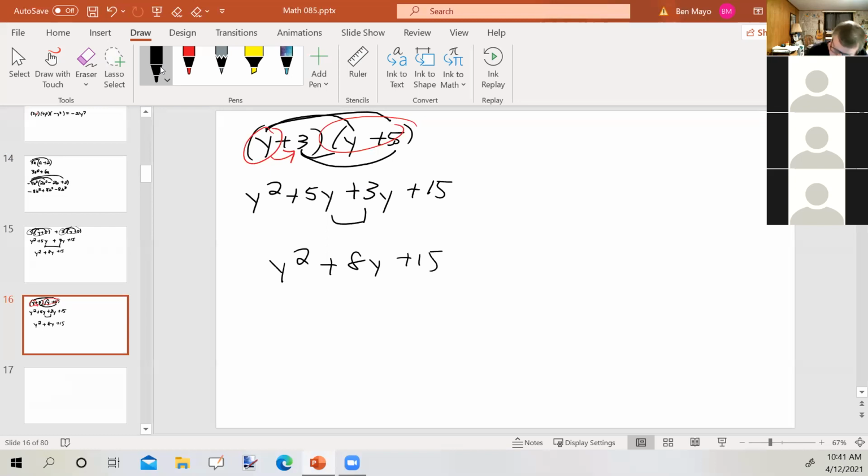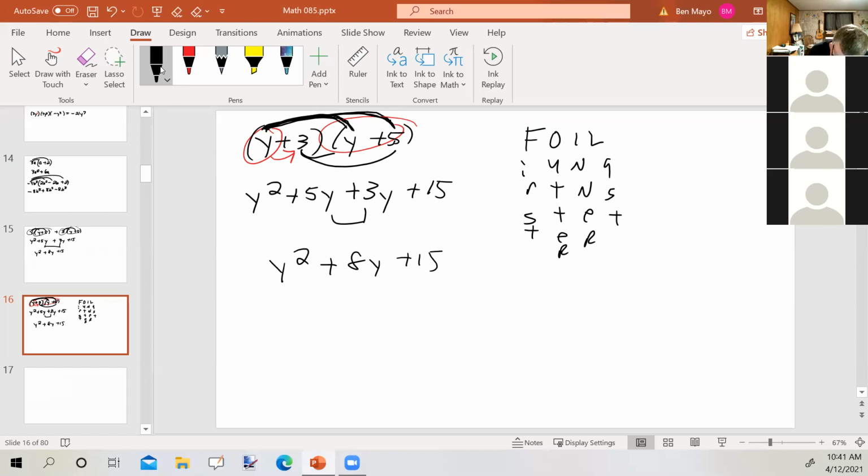This process is called FOIL, and it stands for first, outer, inner, and last. Okay, so we took the first times the first, that's where we got the y squared. Then we did the outer ones, the y times the plus 5.